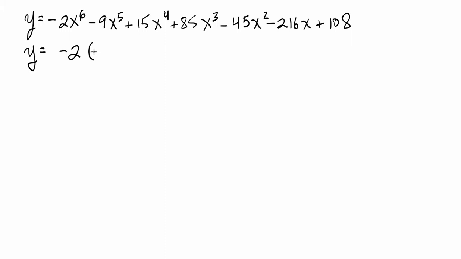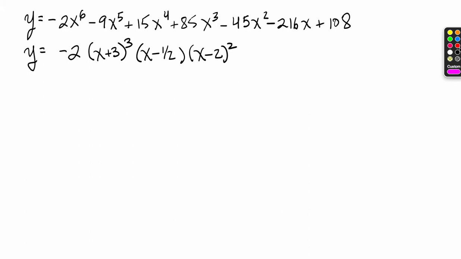Negative 2 parentheses. This is a little bit more compact. X plus 3 raised to the third, parentheses, x minus 1/2, x minus 2 squared.